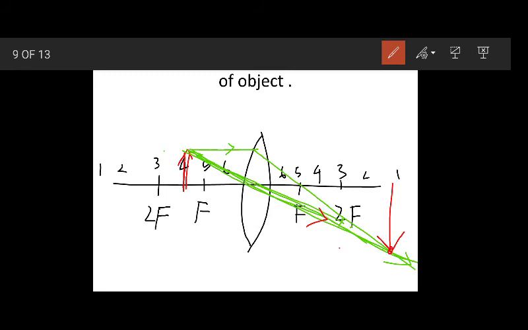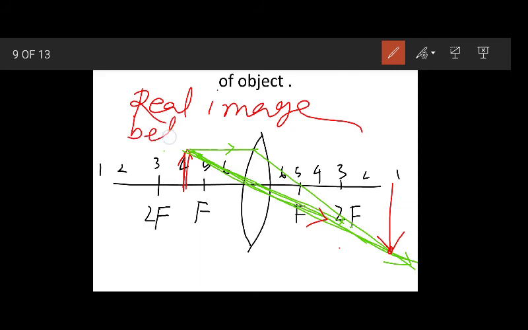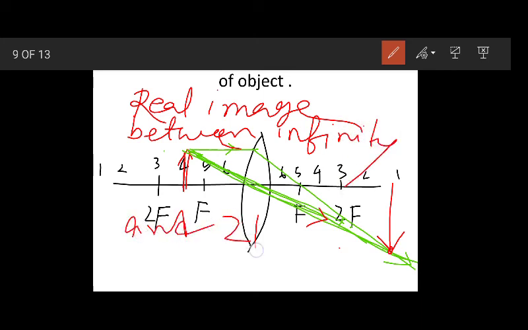Here all are real images, and the position is between infinity and 2f, twice the focal length.